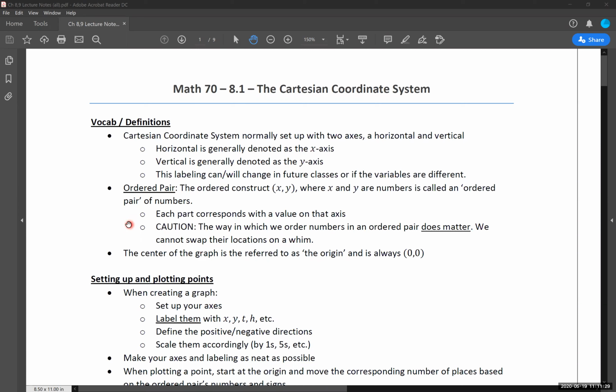It should also be noted that with an ordered pair, the way that we order the numbers absolutely matters. I cannot emphasize this enough. A lot of people will just plug in, well, I'll put a 3 in for that spot, and I'll put a 5 in over there, and maybe I can swap them back and forth. You can't do that. The ordering absolutely matters.